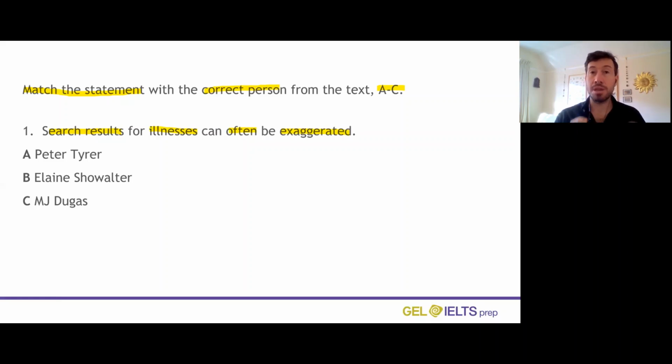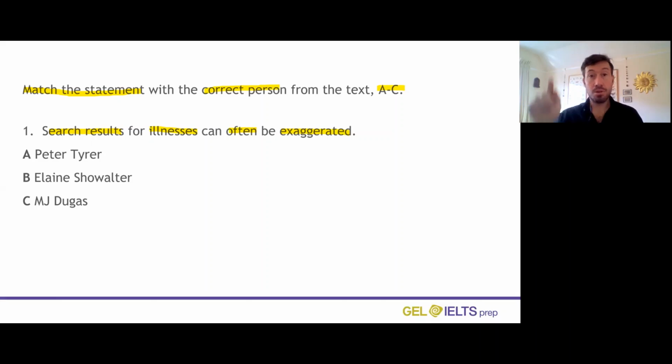Now, because you've got people's names, you don't have to think of synonyms for people's names. There's no way that the text will say Peter Tyra in a different way. It will just say Peter Tyra. It might say Mr. Tyra or something like that. But if you scan through the text very quickly just for the names, that's going to be the quickest way to answer this question.